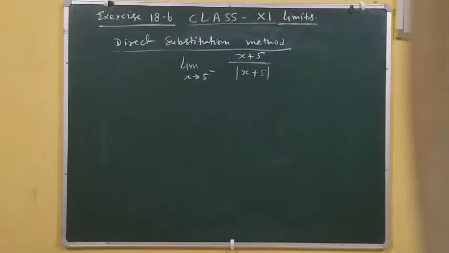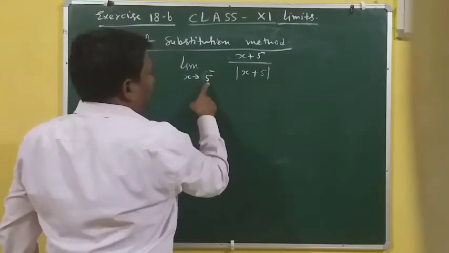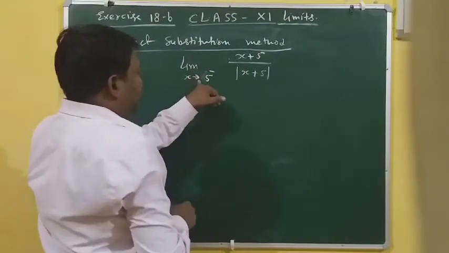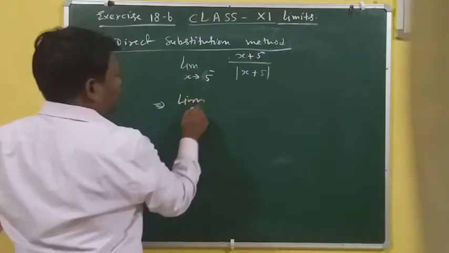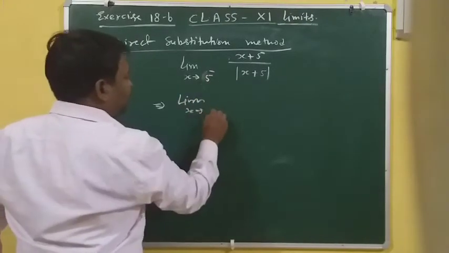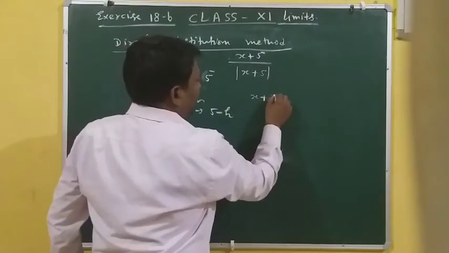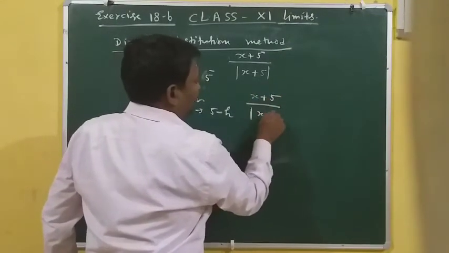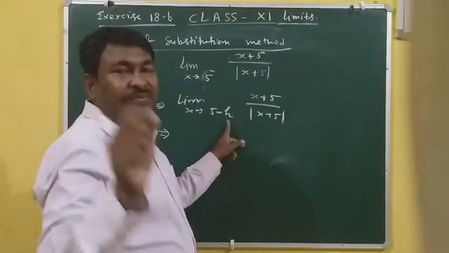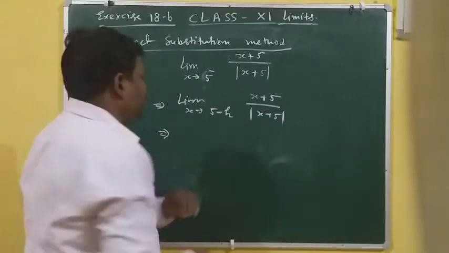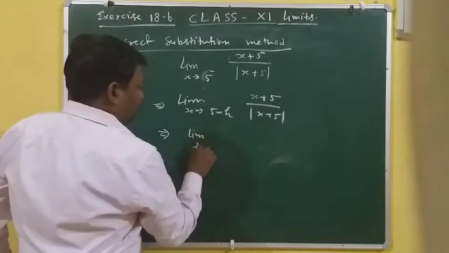Just see, as we have already discussed, limit x tends to something minus implies that x tends to 5 minus h, so you can write 5 minus h in place of x in (x plus 5) upon mod (x plus 5). So what is h? h is a very small quantity that tends to 0. That's why here limit h tends to 0.